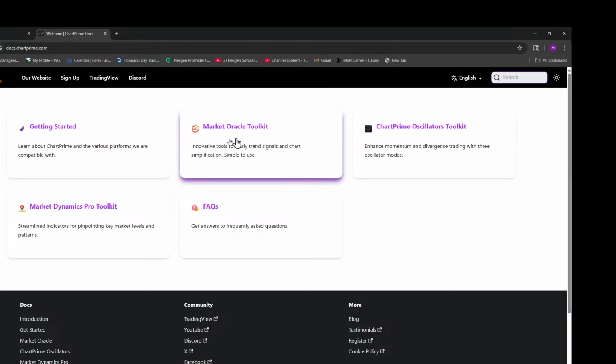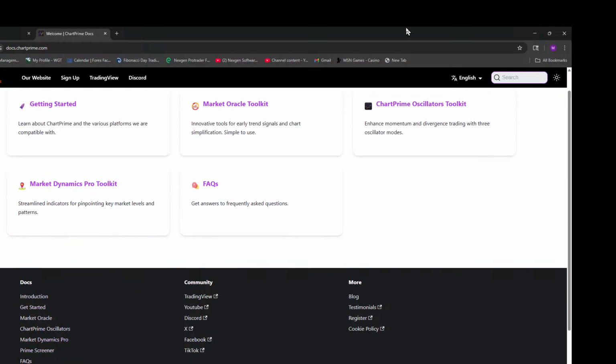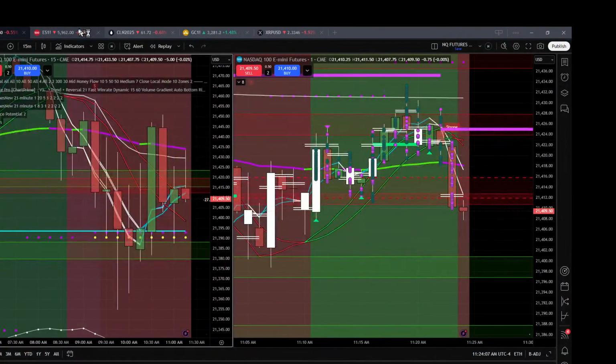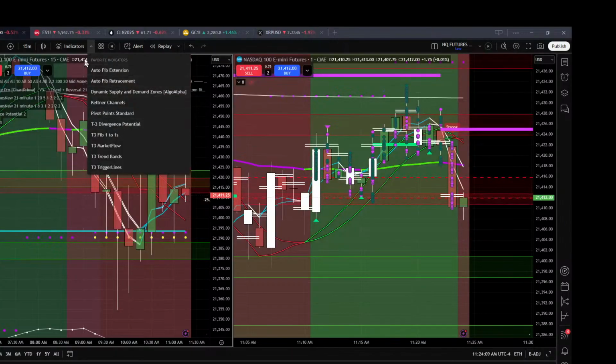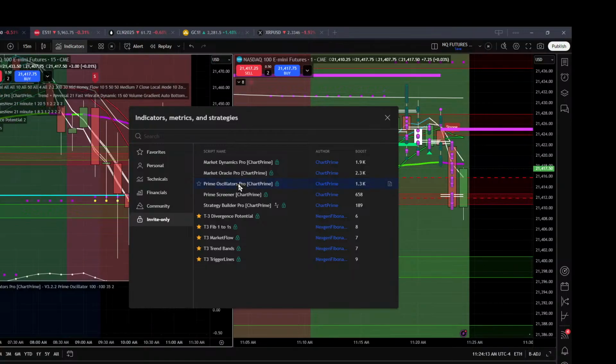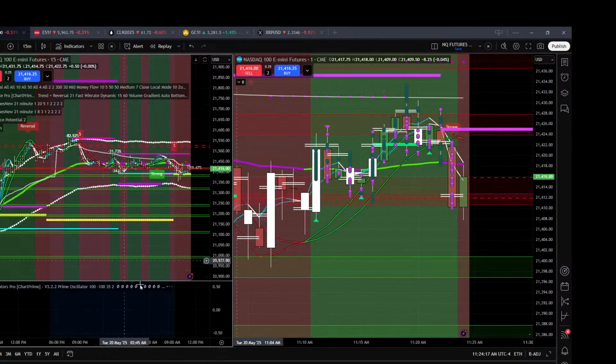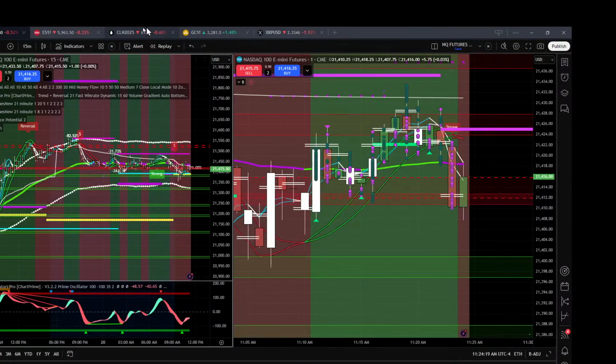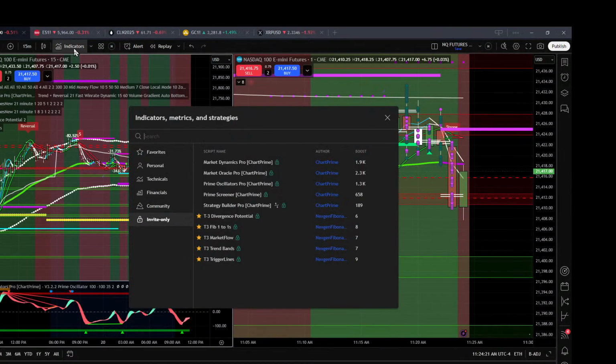And I've got the Oracle and the Dynamics. So all of this comes with it. Oracle oscillators. I don't use the oscillators, but I've got under invite only. Like there's the oscillator. I don't use that. I don't have any idea how to use an oscillator. What else is on there?